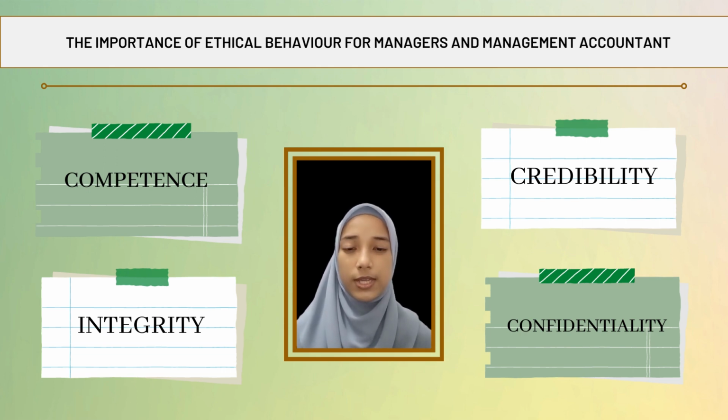First and foremost, credibility is a key standard that is based on an accountant communicating information with fairness and objectivity, disclosing all the information that is relevant for the intended users to understand. The second one is competence.